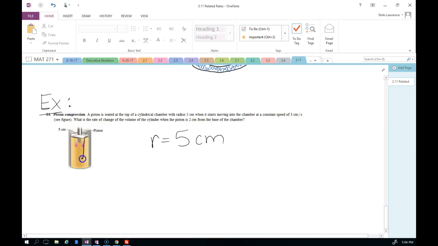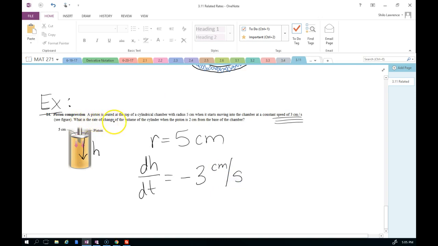So the piston is moving down. So that is the height of the cylinder. And the height is changing. The height is decreasing by 3 centimeters per second. So I'm going to say dh/dt is negative 3 centimeters per second.